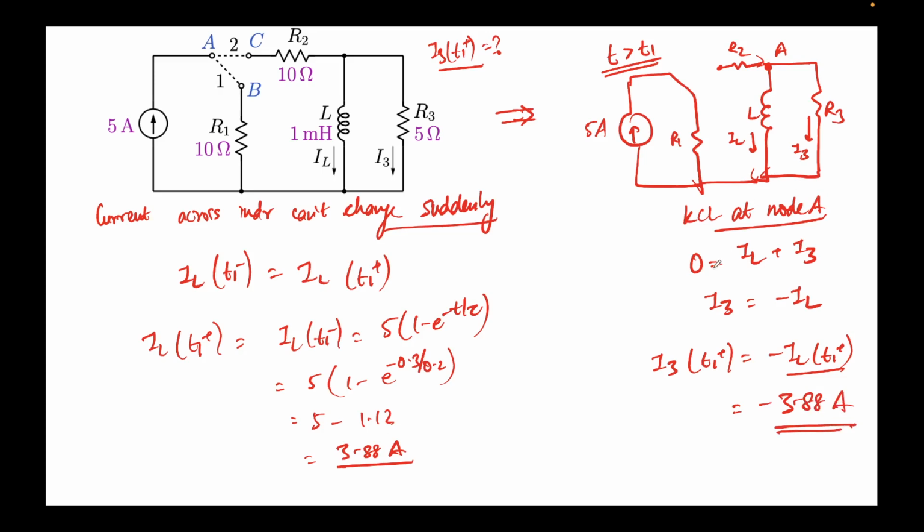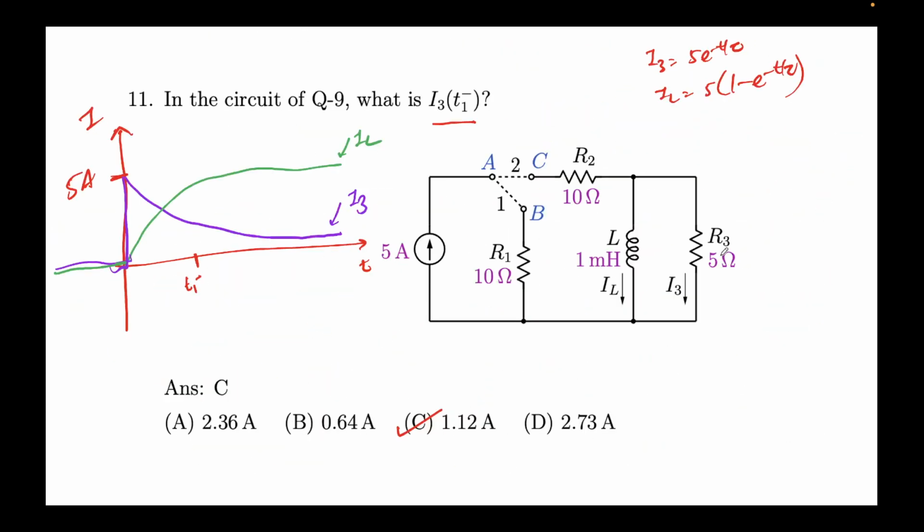So what this means is that I'll again complete that waveform that we had drawn earlier, right? Remember that this is what we were expecting. If the switch had not changed at T1, this would have been the waveform, but that's not the complete picture. That's not what's happening. The switch actually changed at t equal to T1, and we noticed that the current became negative 3.88.